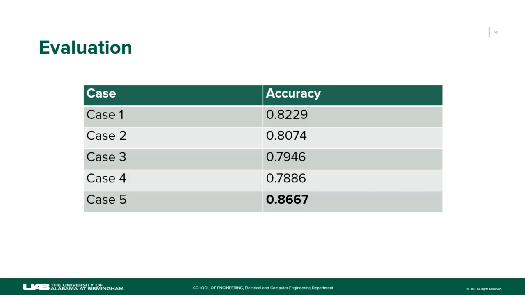Interestingly, in the last case, where no pre-processing technique was applied, the accuracy was the highest. It was about 87%. At that moment, we didn't have a clear explanation for those results.